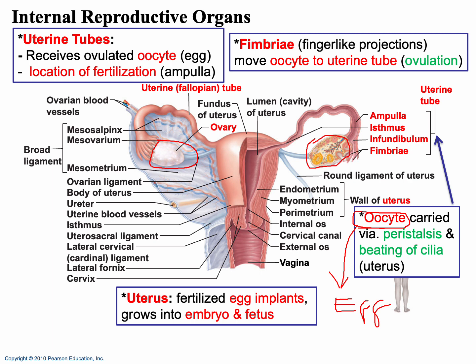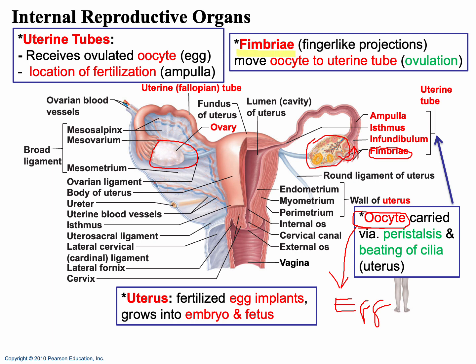And it's carried through peristalsis, the movement of the oocyte. So the egg then will leave the ovary and make its way into a structure known as the fimbriae.